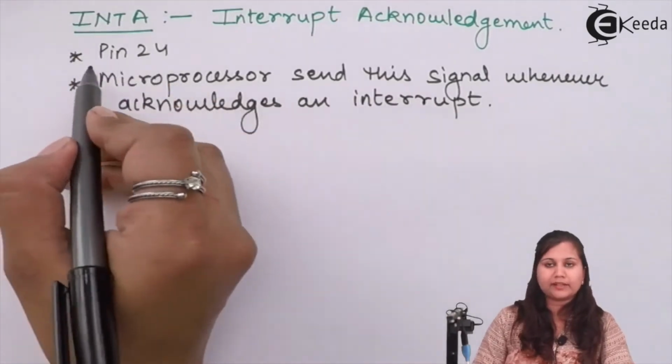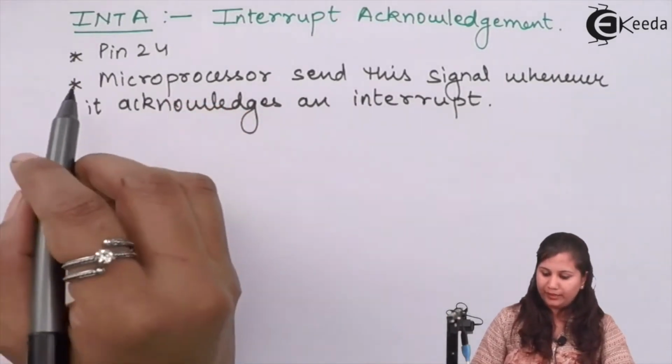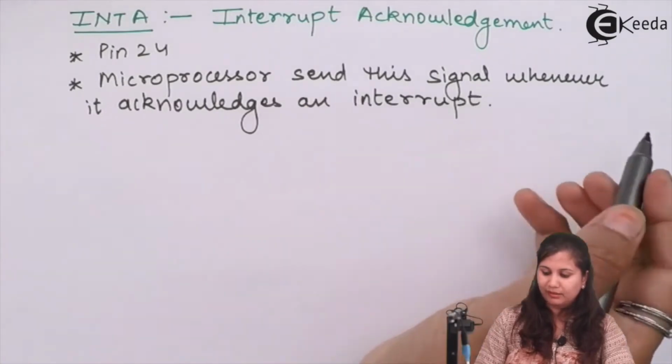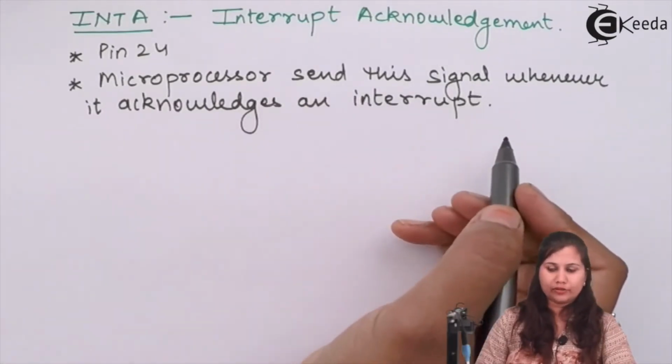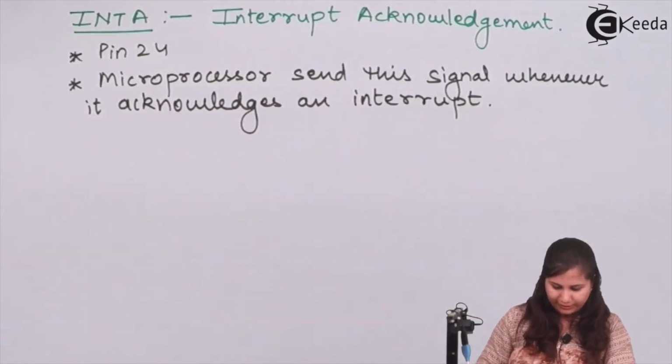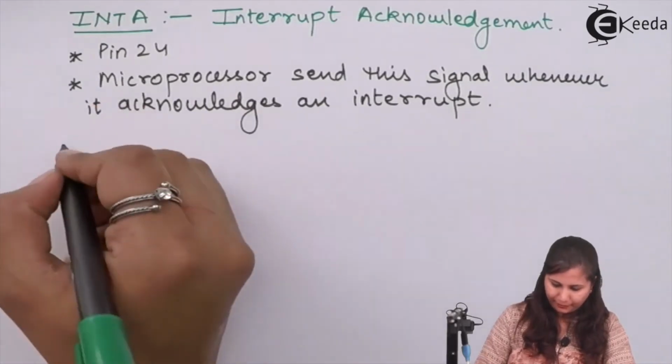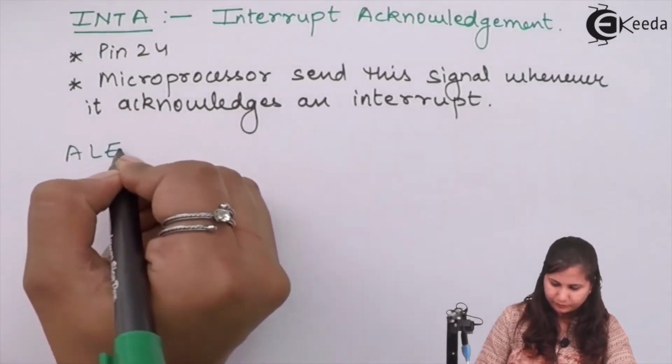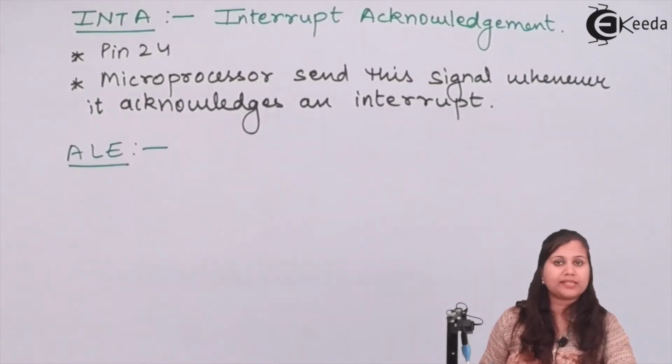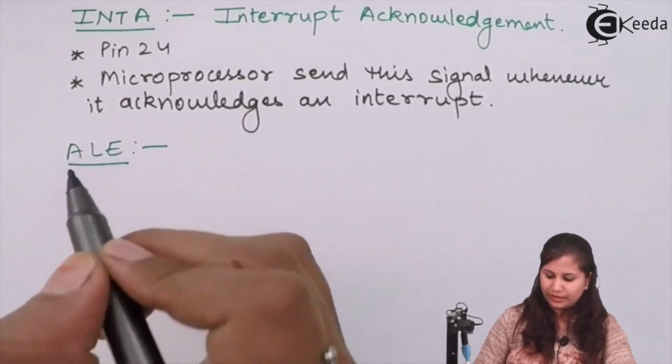This signal is available at pin number 24, and the microprocessor sends this signal whenever it acknowledges an interrupt. Next we have the ALE signal. The full form of this signal is address latch enable.